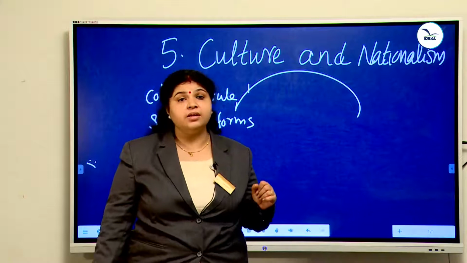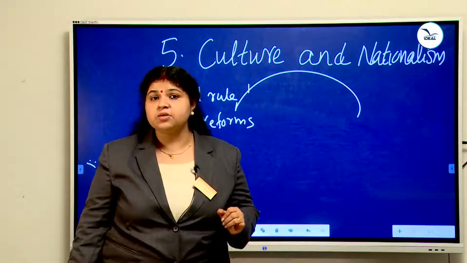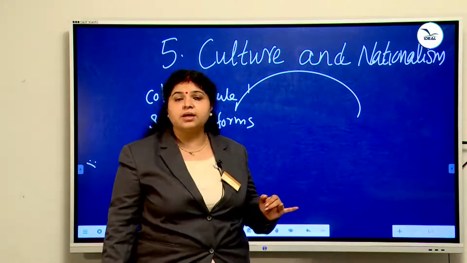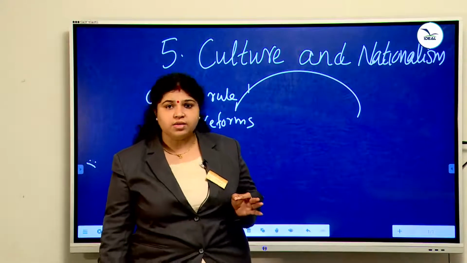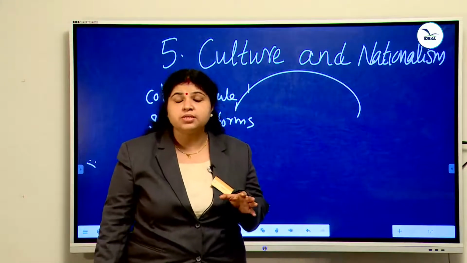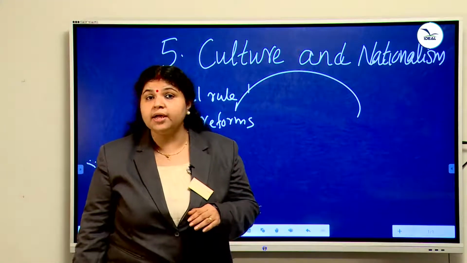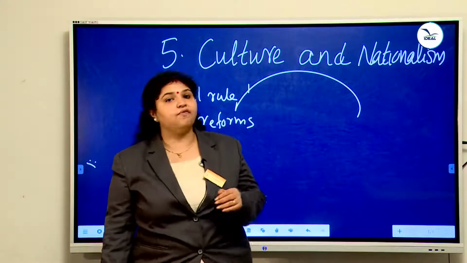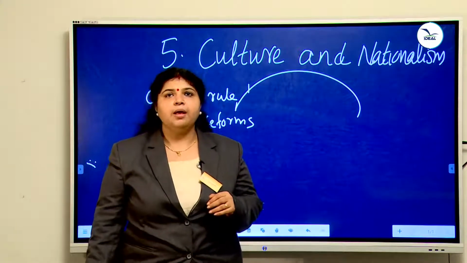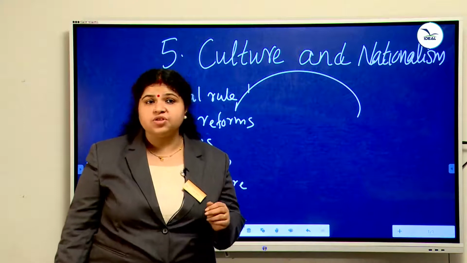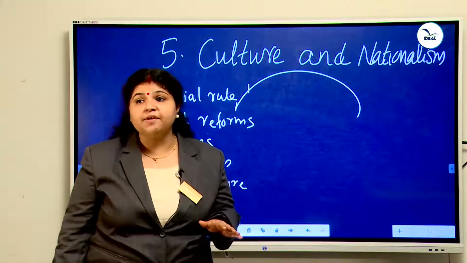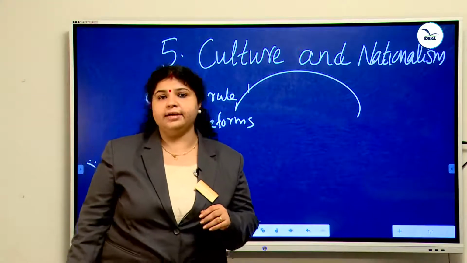Later they started institutions like the Asiatic Society, Calcutta Madrasa and Banaras Sanskrit College. All these institutions were to learn about India and to train their officers. But later the British realized these steps were not enough to learn about India.